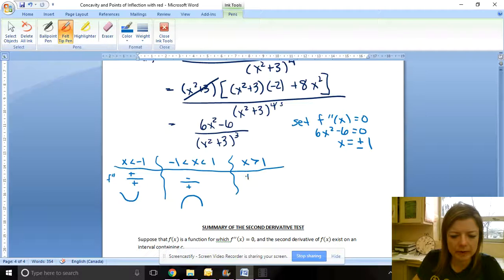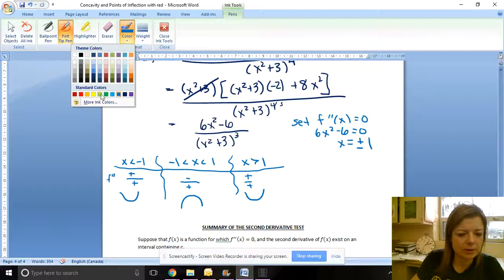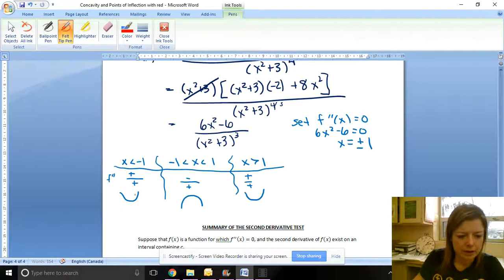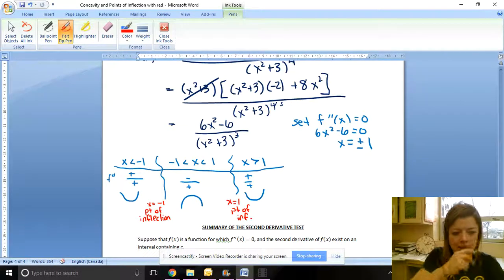And greater than 1, again, it's positive over positive, so you get a concave up section. So let's interpret that now within the context. That means that x equals negative 1 is a point of inflection because we changed concavity, and x equals 1 is also a point of inflection because it changes concavity.